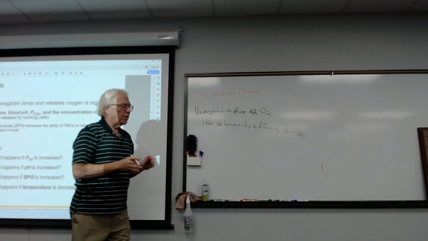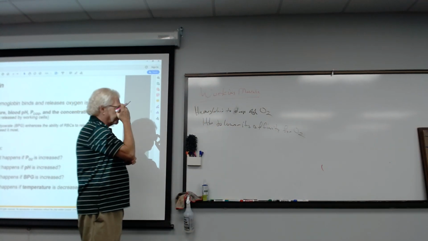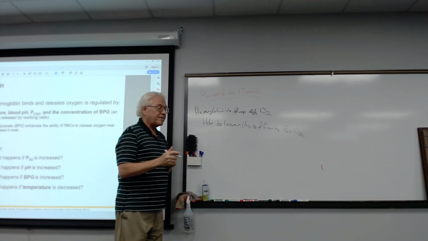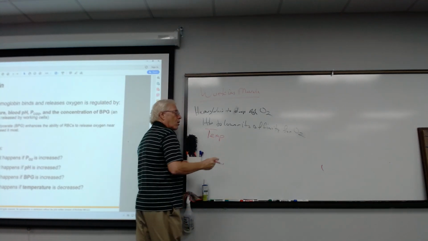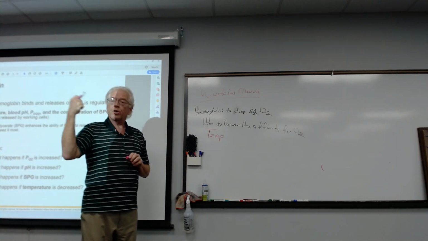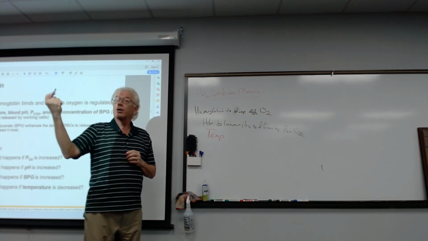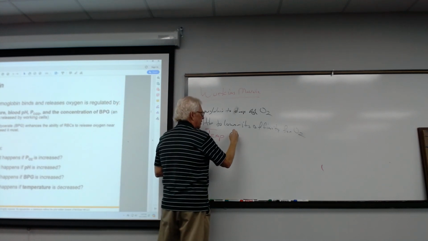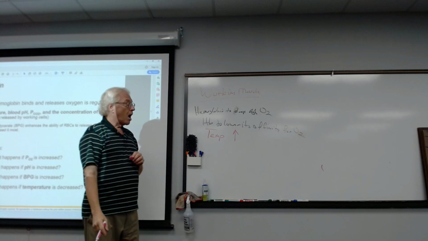Okay. I want to do it in red or pink because that's a muscle. Got it? Okay. So, can somebody tell me, when it comes to temperature, what's the temperature of my working muscles? Lower than normal or higher? Yeah. Temperature goes up, doesn't it? When it's working. All right.